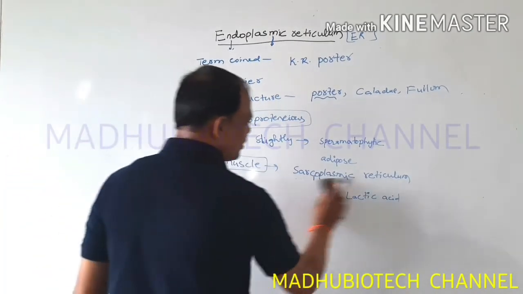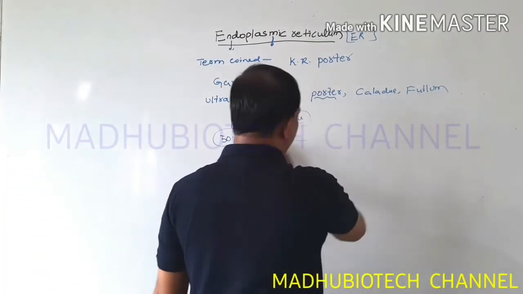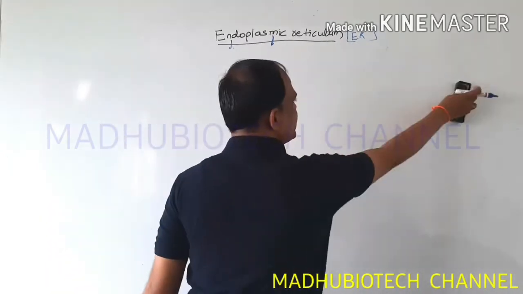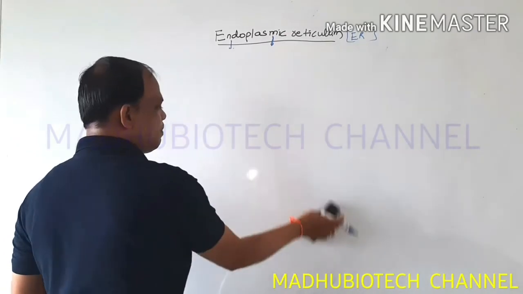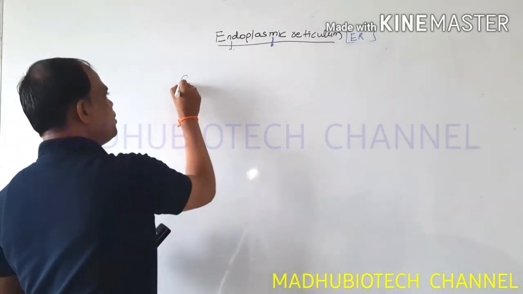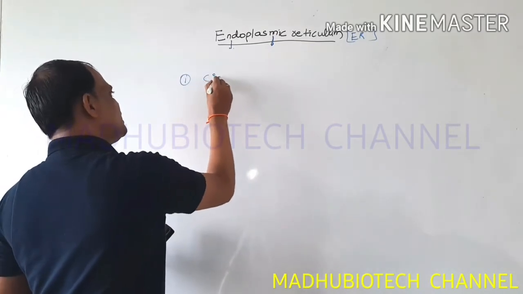Next, the structure of the endoplasmic reticulum. It is made up of three components.